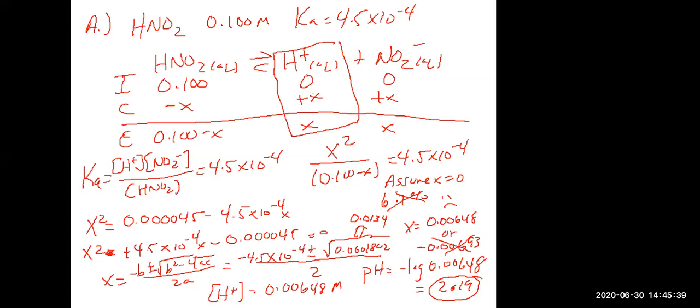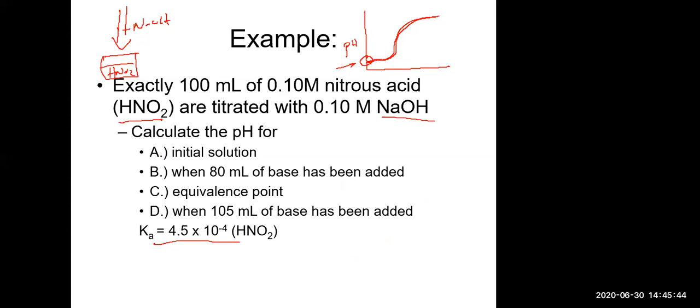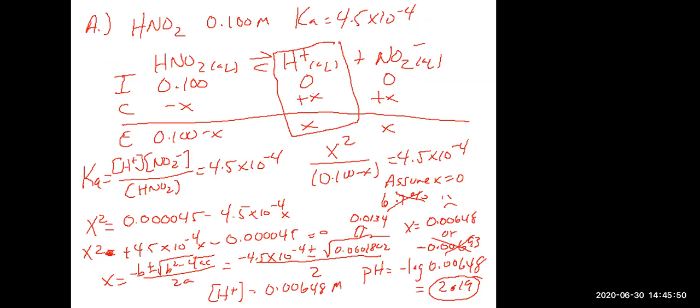Now, for part B, we're actually going to start the titration here. We want to know what the pH is after we add 80 milliliters of the sodium hydroxide to it. So in part B, we are going to get a reaction.